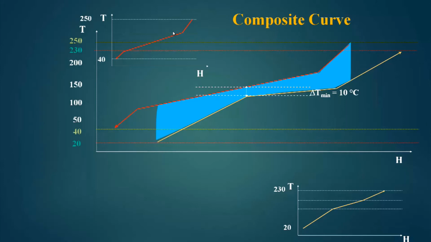So, hot process streams are giving heat to the cold process streams in this area, and those areas which are not covered here will be heated or cooled by external means, that is external hot utility and cold utility, which are either steam or cooling water.